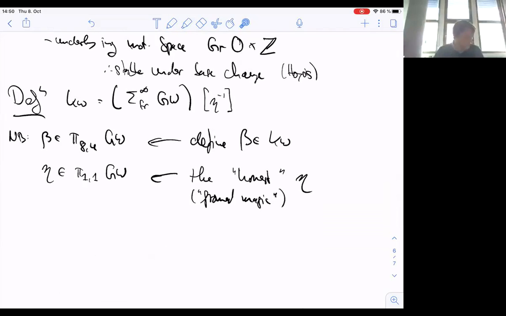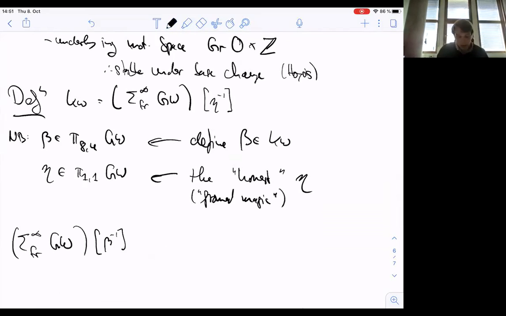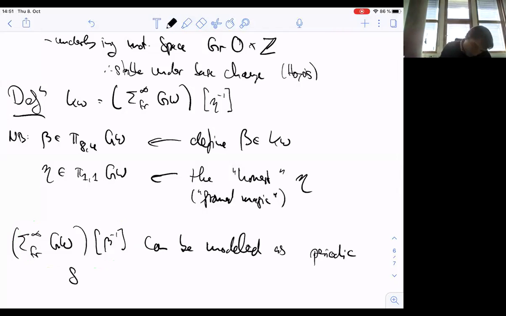And now I can use an interesting trick. If I take this framed suspension spectrum of GW and I invert beta, which exists already in the homotopy of the framed space and lives in degree 8,4, then there's always the fact that you can represent this mapping telescope, or this spectrum here, as a periodic spectrum, as an S^{8,4}-periodic spectrum.